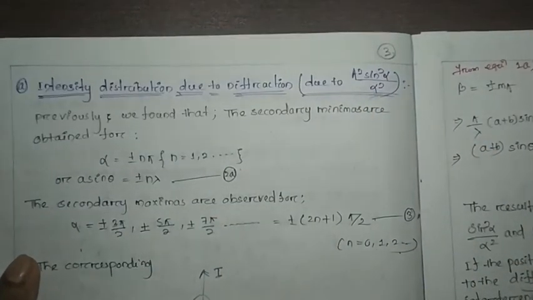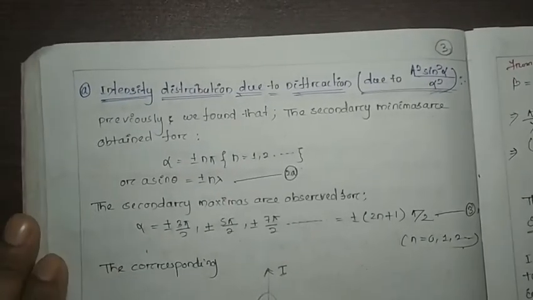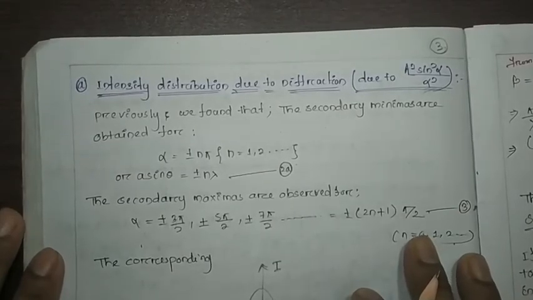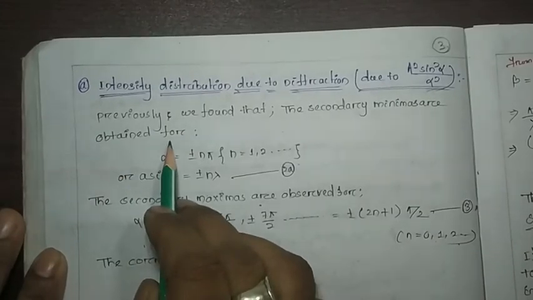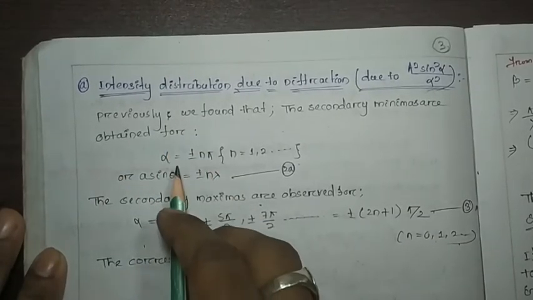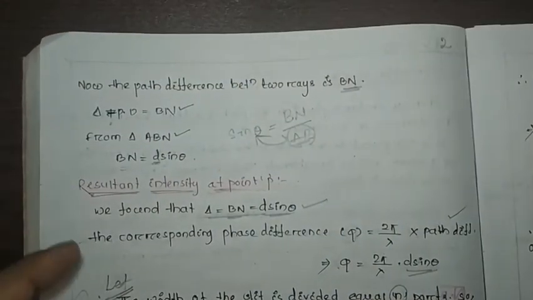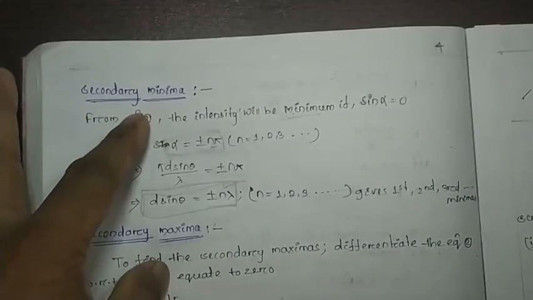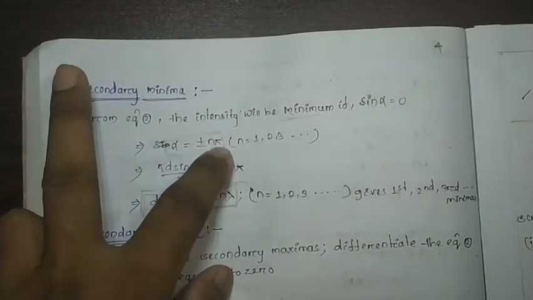Previously, in our single slit diffraction experiment, we found that the secondary minima are obtained for alpha equal to plus or minus N pi. Go back to your single slit experiment: the condition for secondary minima is alpha equal to plus or minus N pi.